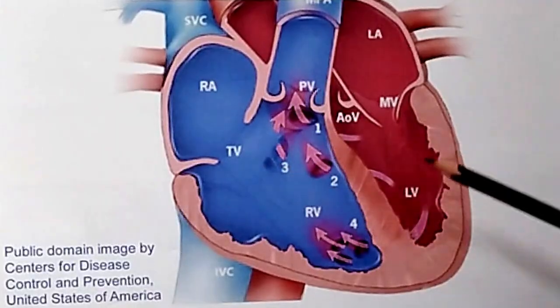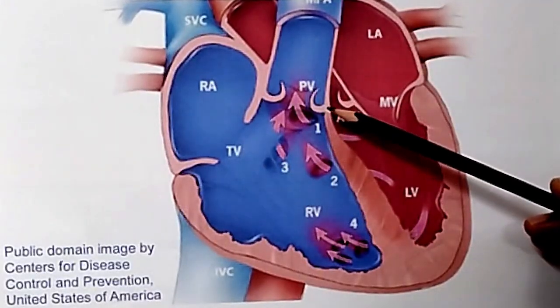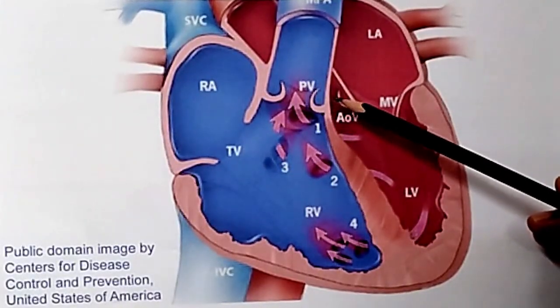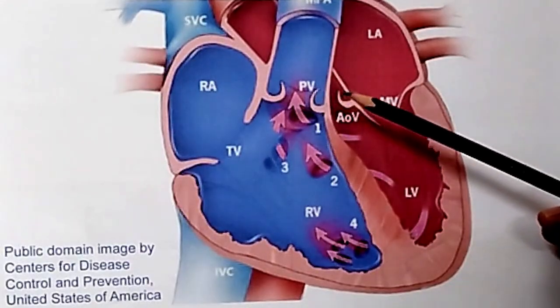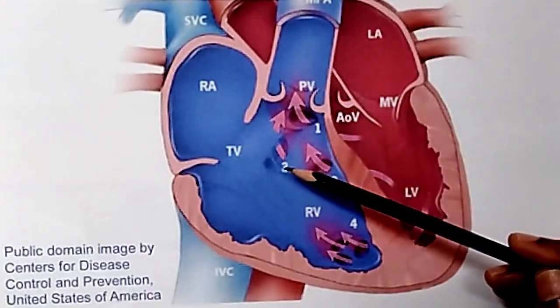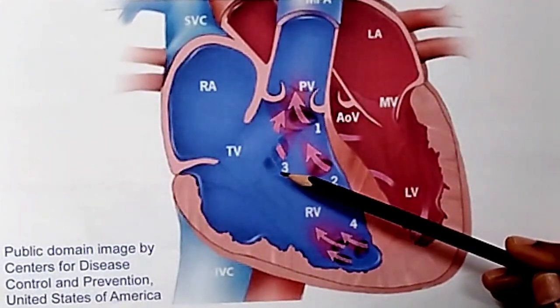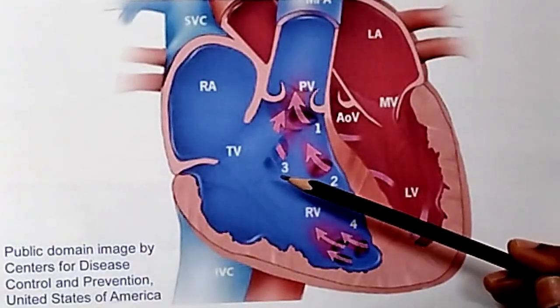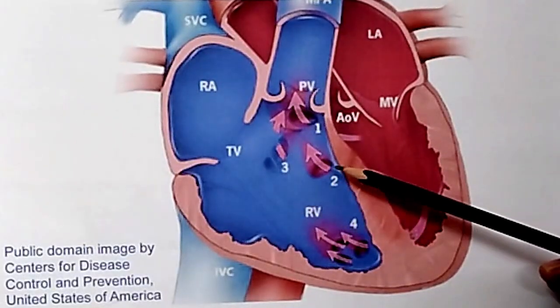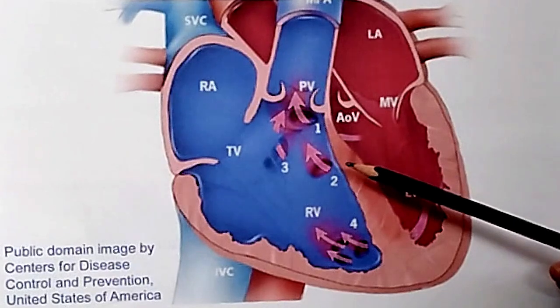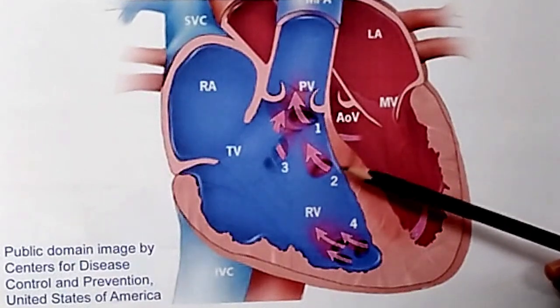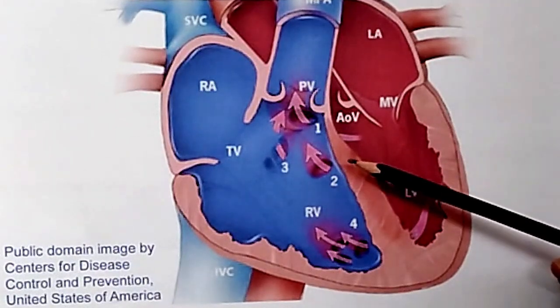Of these VSDs, outlet VSD, which is also known as subpulmonic VSD or sometimes subarterial, and inlet VSD are very unlikely to close spontaneously. Perimembranous VSD, which is the commonest type in an adult or older children, can close spontaneously by two mechanisms.